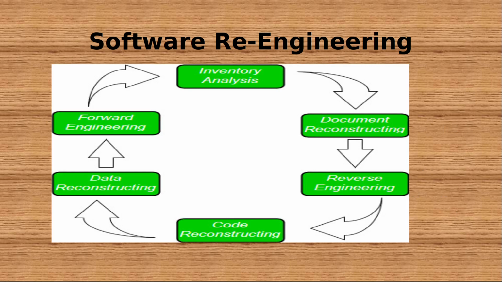This is the software re-engineering cycle. First, inventory analysis and document reconstruction. We take the old inventory, that means the stock from any organization, and that document is reconstructed. Then reverse engineering, where we find the design and code from the already existing software, and the code and design will be modified.